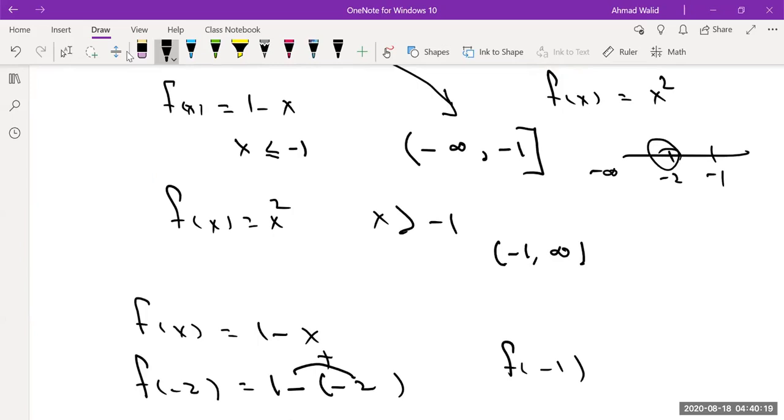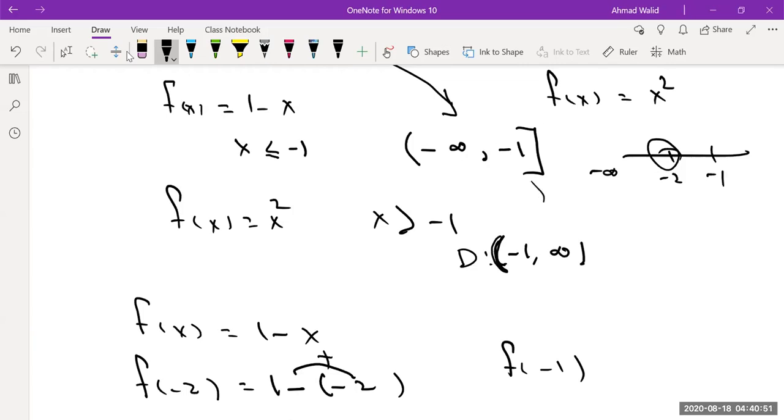Can I plug -1 into the second function? What was the domain? The domain was from -1 to infinity. Can I plug it in? Here I will say yes, I can plug it in. Here in the second function, I will say no, I cannot. Because you see here, I have a parenthesis. A parenthesis means -1 is not in the domain.